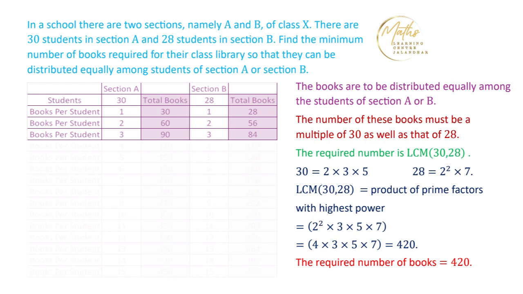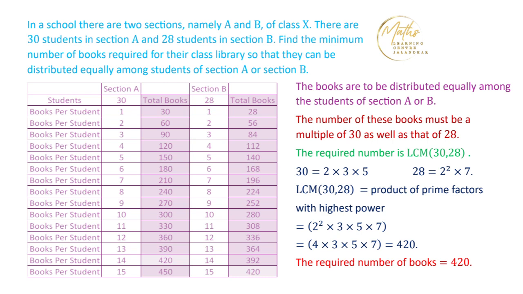This situation we can also see here. If we continue in this way, suppose we are distributing 10 books per student, we have 300 books for section A and 280 books for section B. Continuing in this way, if we have 420 books, then each student of section A will get 14 books and each student of section B will get 15 books.